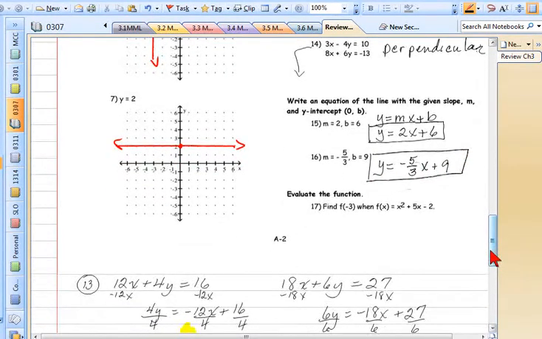Last problem, hope I have enough room. I'm supposed to use function notation and find f evaluated at -3, f of -3, when this is my function.